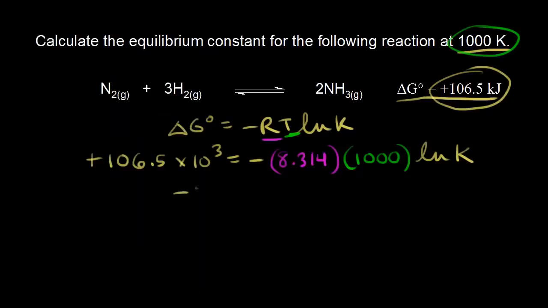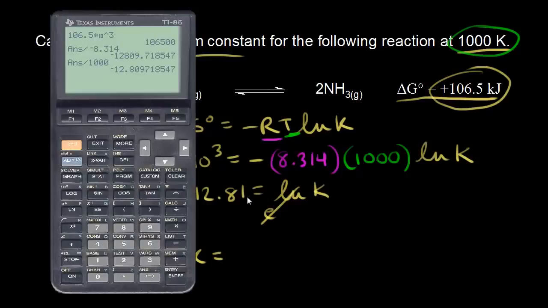So we have negative 12.81 is equal to the natural log of the equilibrium constant. So to solve for the equilibrium constant, we take e to both sides, and we get that K is equal to e to the negative 12.81.